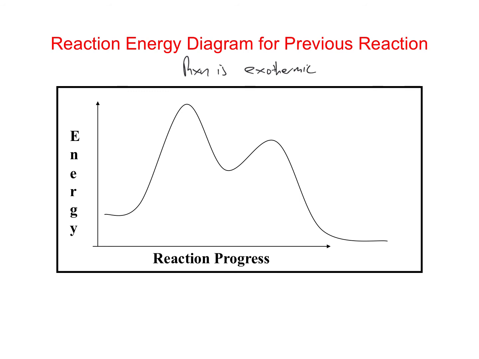Or we can think about that the other way, right? The higher the activation energy, the slower the step is going to be. So in the previous mechanism, we knew that the first step was the slow step, so the activation energy of the first step in the mechanism should have the highest activation energy, which it does. So in this case, the first step is slowest, so that's the rate determining step. It should have the highest peak. And the second step was faster, so it should have a lower activation energy.